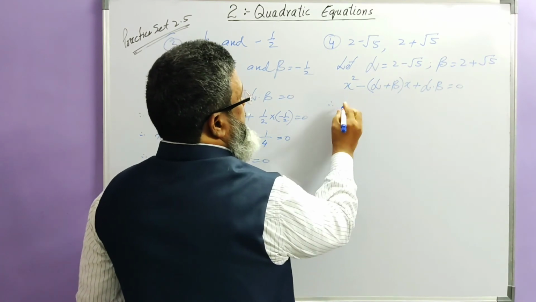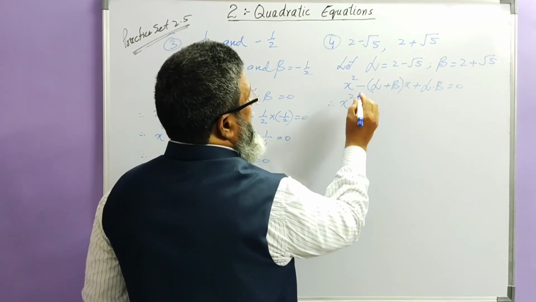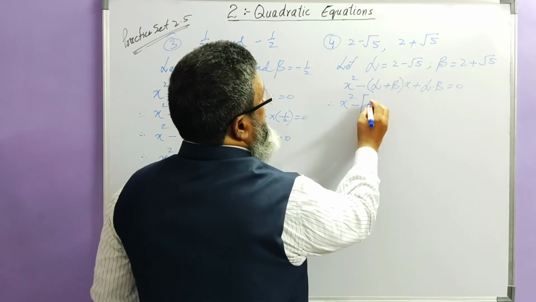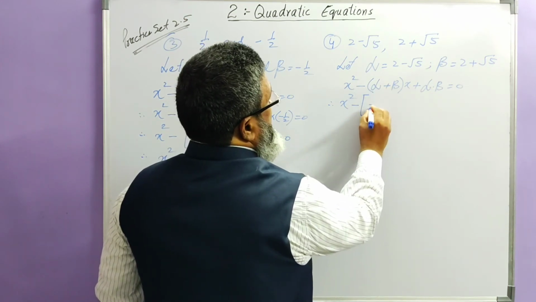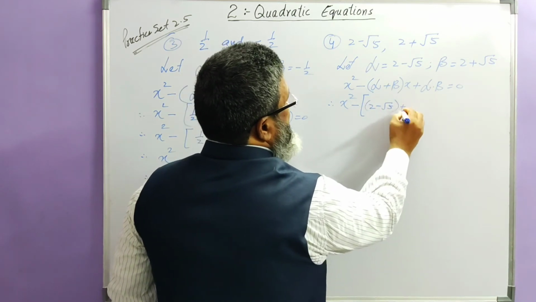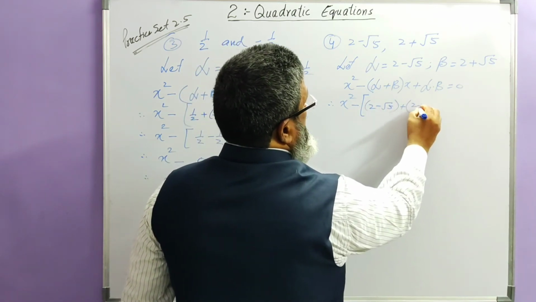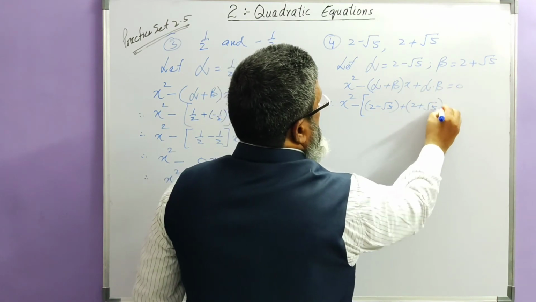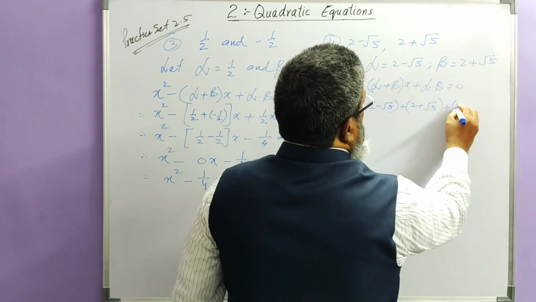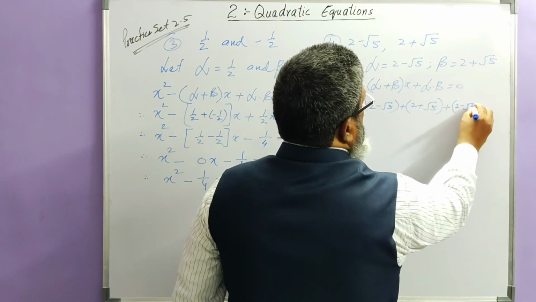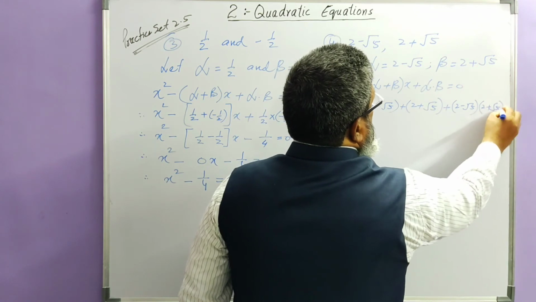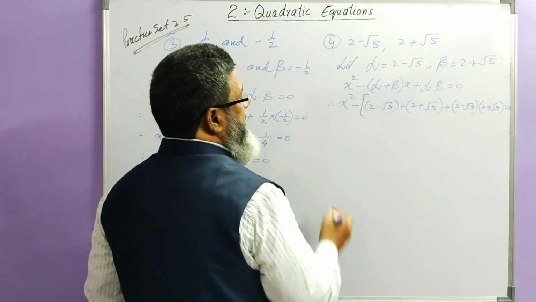Therefore, by putting the values of alpha and beta, x square minus, take a big bracket, alpha is 2 minus root 5 plus beta is 2 plus root 5, plus alpha is 2 minus root 5 and beta is 2 plus root 5 is equal to 0.